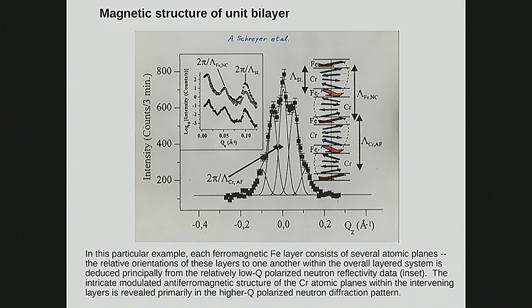There are two length scales: the atomic plane length scale, and the superlattice length scale of the layers. And you can get, in fact, the detailed structure of how the chromiums oscillate and actually get twisted between the iron layers. So lots and lots of studies like this have been done and give you exquisite, detailed information about those magnetic architectures.